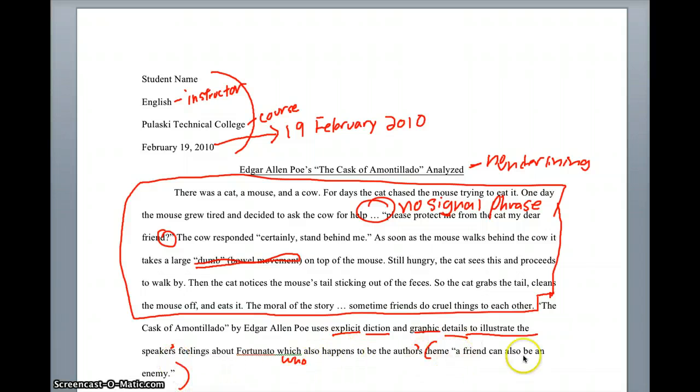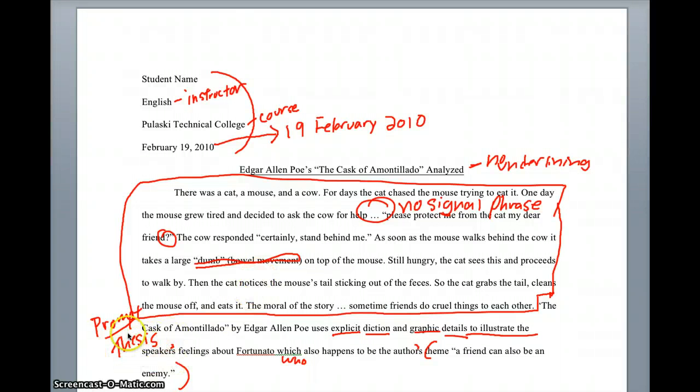But you know, if it weren't for this last piece, this could actually be a pretty good thesis statement, because it answers the assignment prompt, which asks the students to analyze Poe's use of detail in the Cask of Amontillado for this particular prompt.